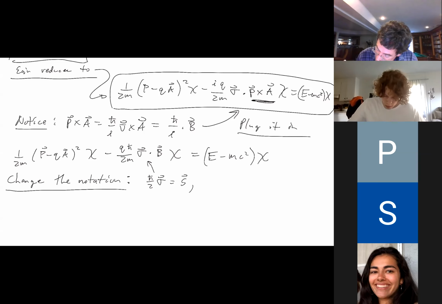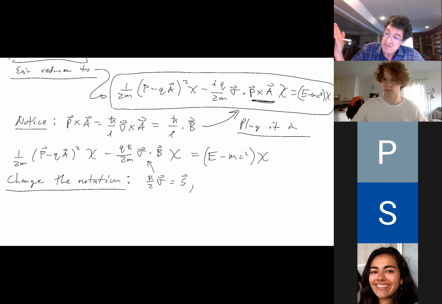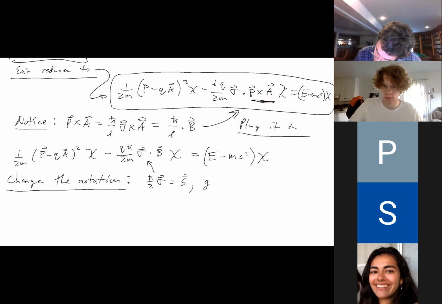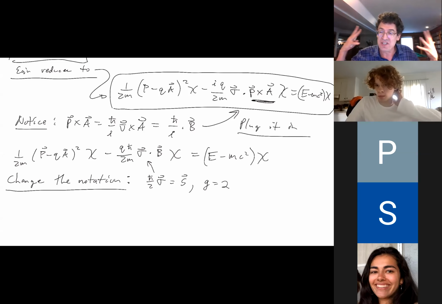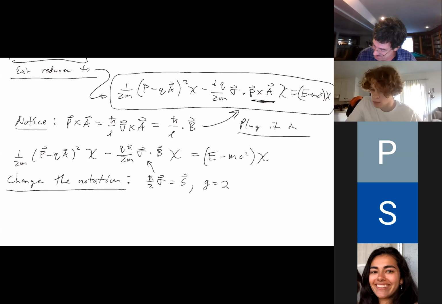Let's take a factor of 2, and let's define this new variable g, and let's just define g to be 2, all right? This is a definition.